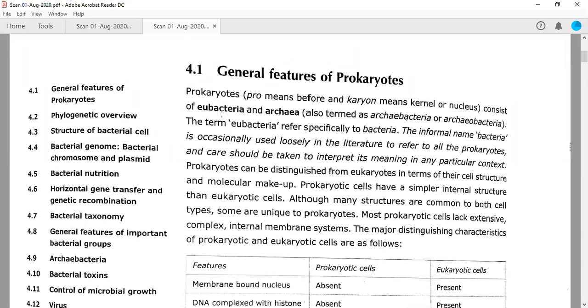What are the major differences between the bacteria and archaea? We have already discussed this. First thing is they differ in their molecular makeup. For example, their lipids are different, their cell walls are different. Also, their signature sequences are different. So they are completely different.